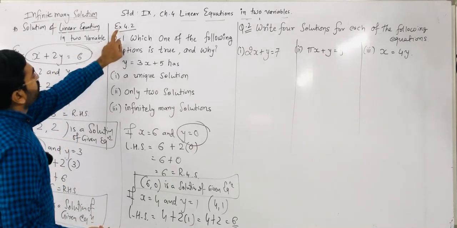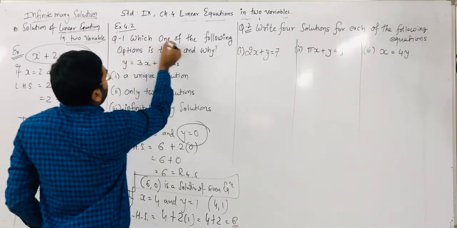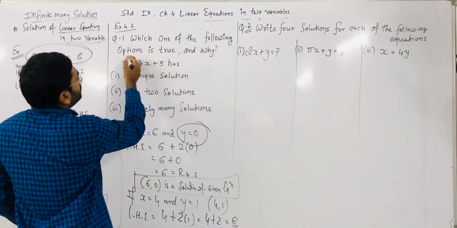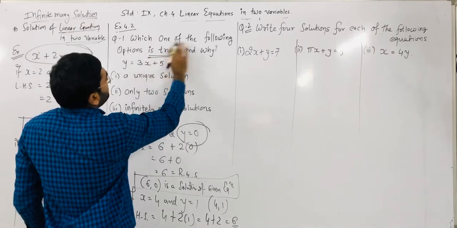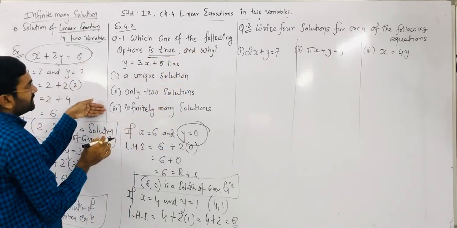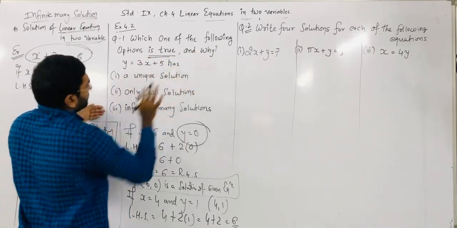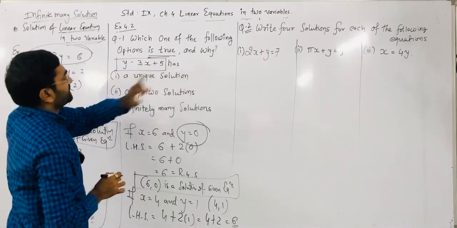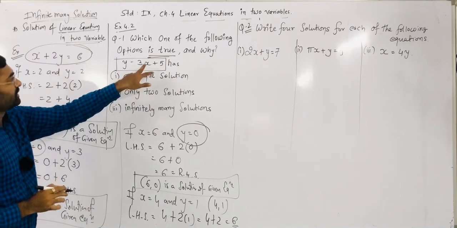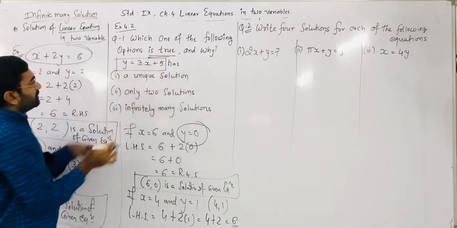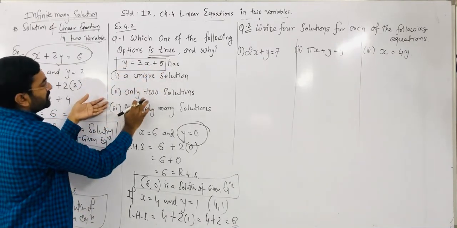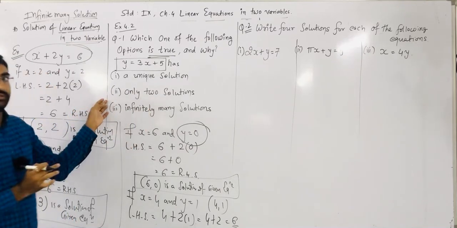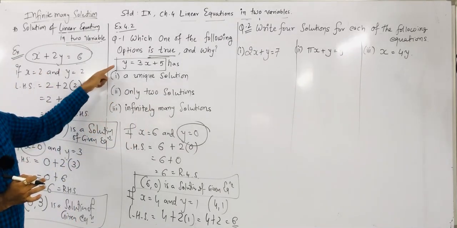See exercise 4.2, first question. Which one of the following options is true? Here 3 options are given. They ask which one is true and why. They give y is equal to 3x plus 5. Which type of solution: a unique solution, only two solutions, or infinitely many solutions? See the given equation.